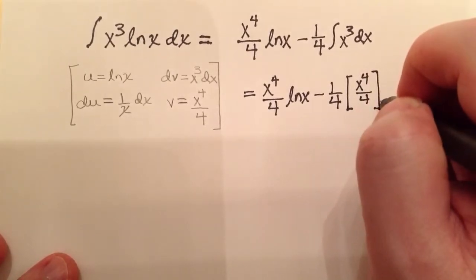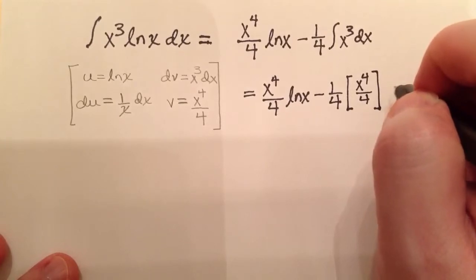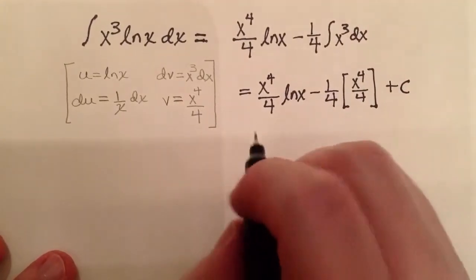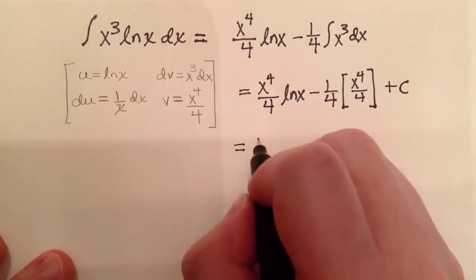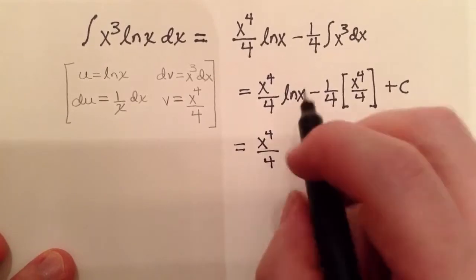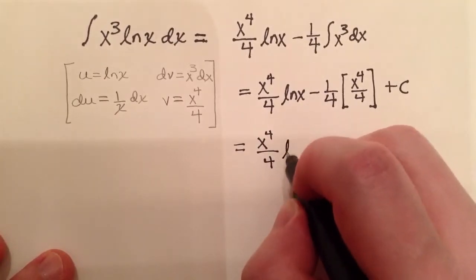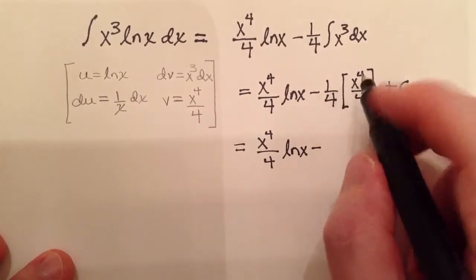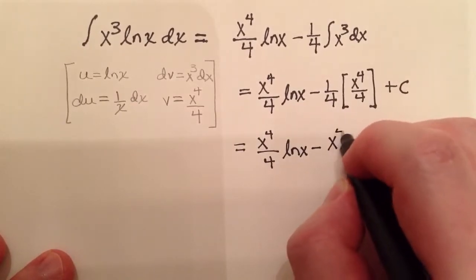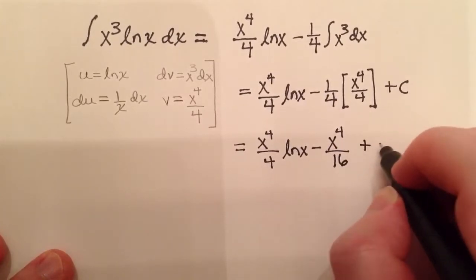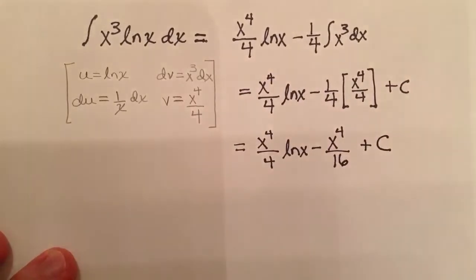Again, having taken the antiderivative of x cubed dx once again, we end up with our terms in the answer, which in this case would be x to the 4th over 4 natural log of x minus 1/16 of x to the 4th, followed by the constants.